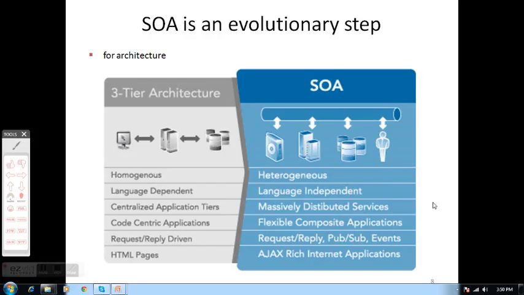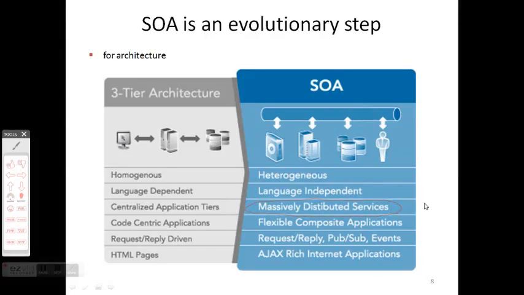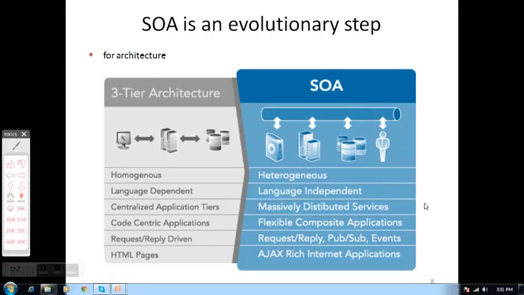The most important attributes of this new architecture are that it is heterogeneous and also language independent. That means the implementation of any service is not really relevant to its use. Therefore, the business user does not need to know which language the service is written in or any details about its implementation.